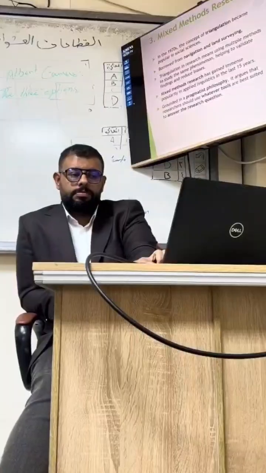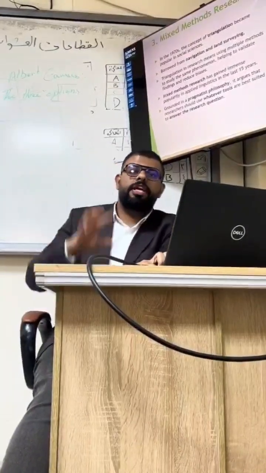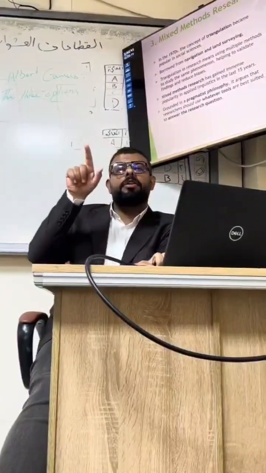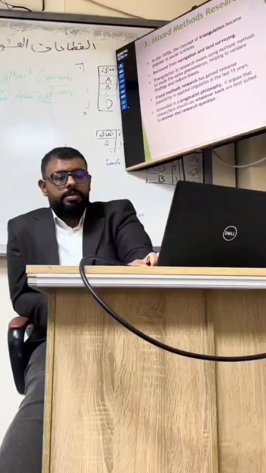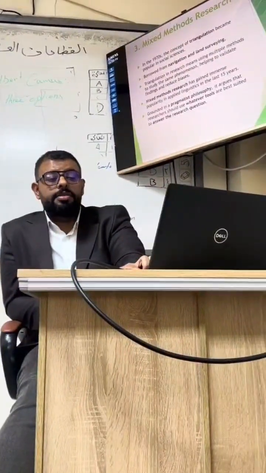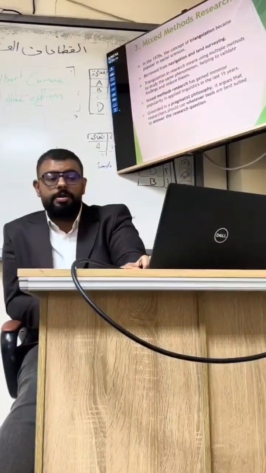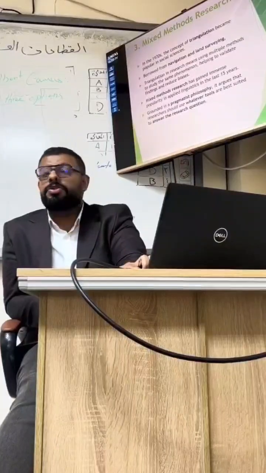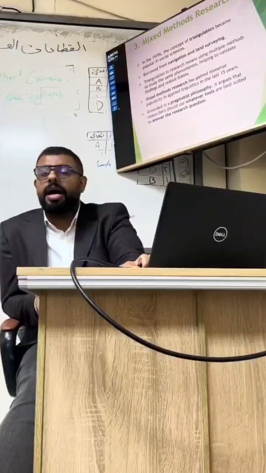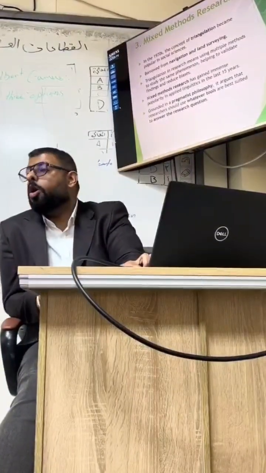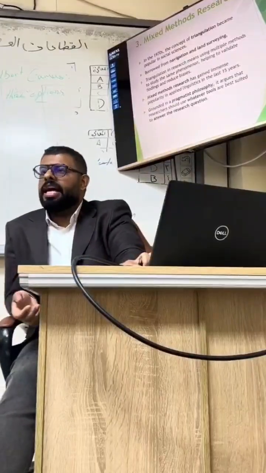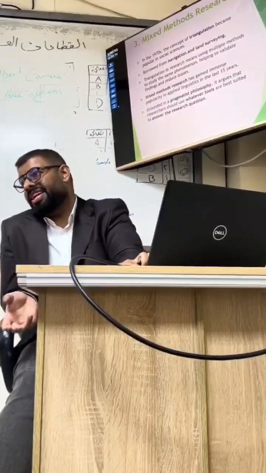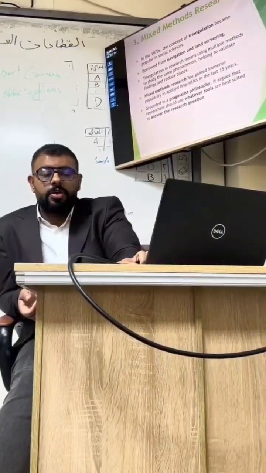Triangulation, and having how many angles? Three angles. Yes. So triangulation in research means using multiple methods to verify findings and reduce bias, and, as I said, to overcome the disadvantages or weaknesses of these methods.